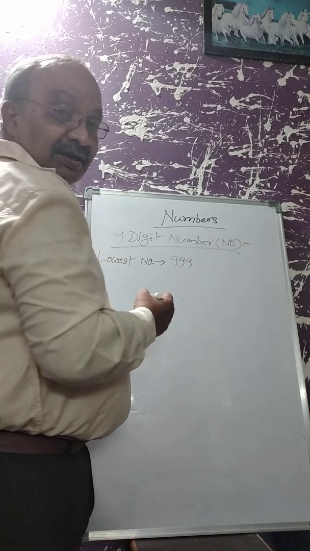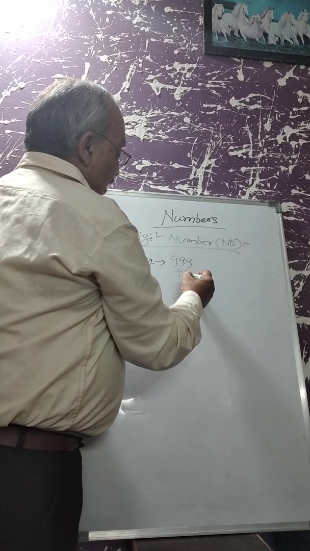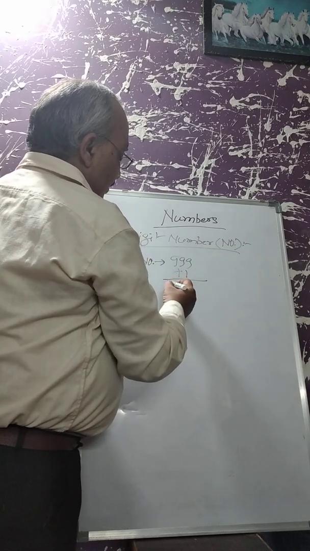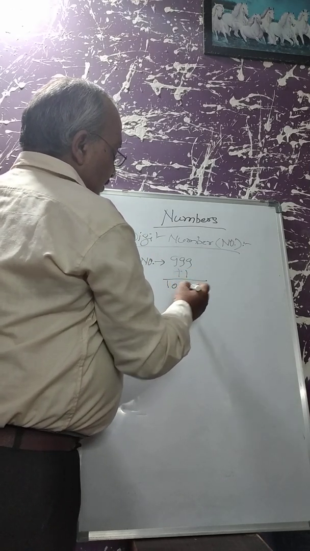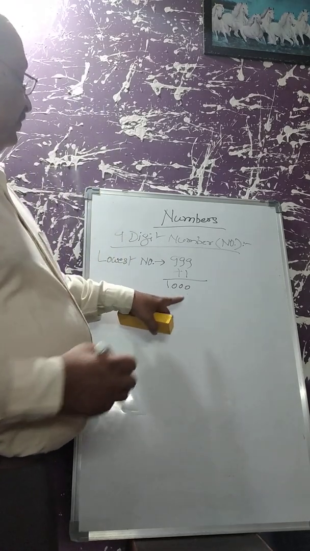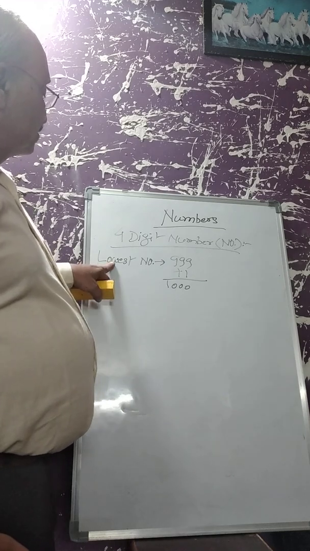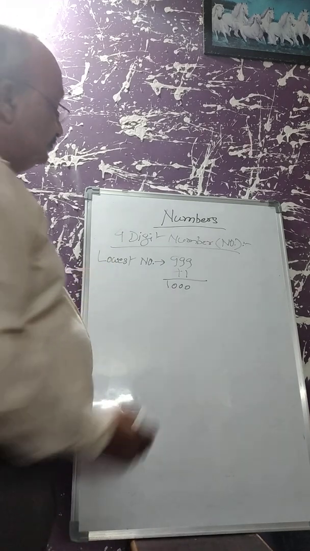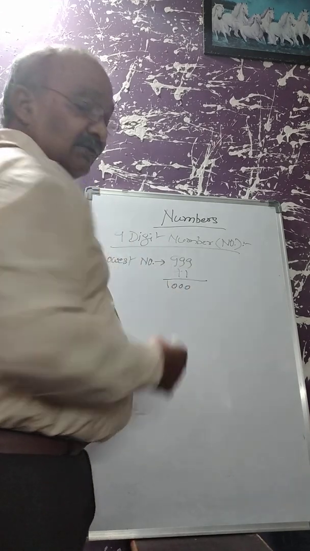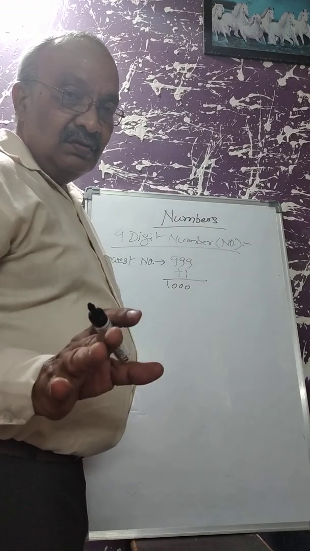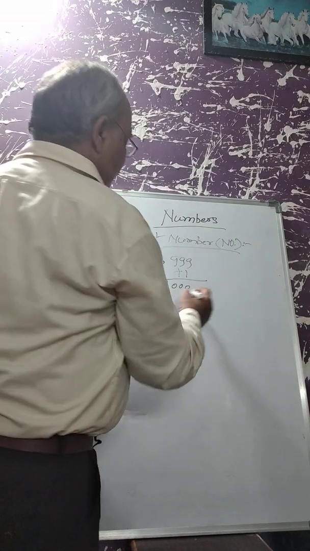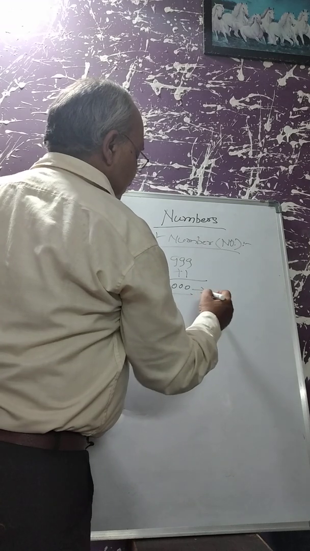Just add 1, it will be 1000, which is a 4 digit number, and that is the lowest number, because below 1000 there is no 4 digit number, hence this is the lowest number.